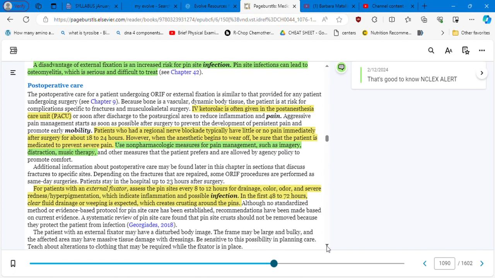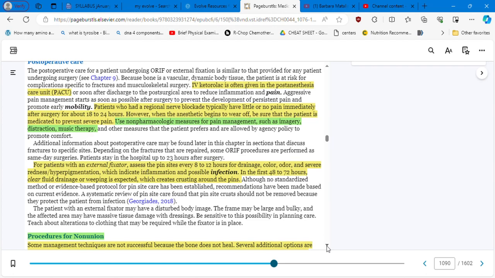Postoperative care, they are going to start IV ketorolac, which is an NSAID, a non-steroidal anti-inflammatory, and this is one of the most potent NSAIDs. Ketorolac is often given in the post-anesthesia care unit, the PACU.